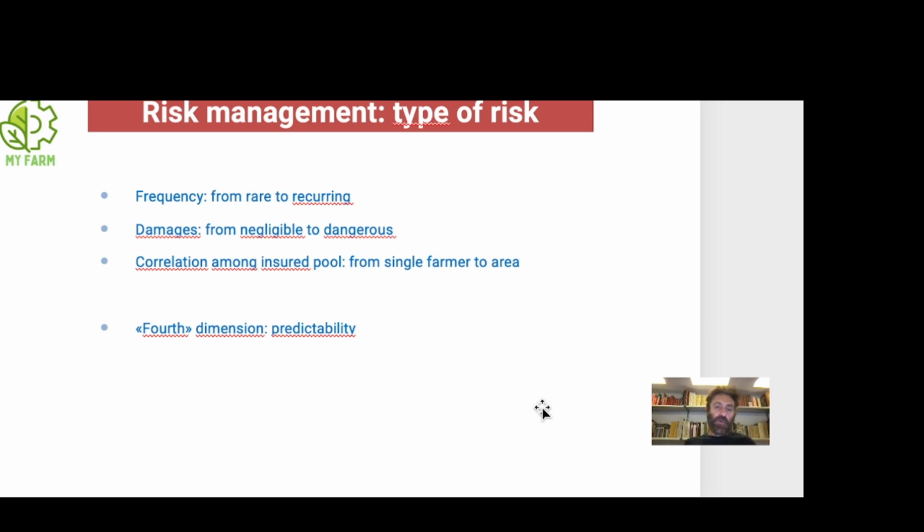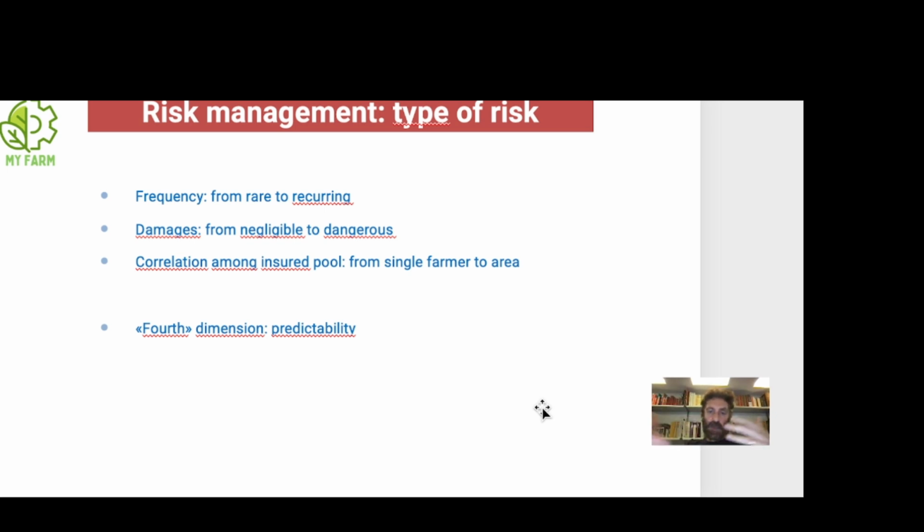So, to provide useful insight in a policy-oriented discussion on the relevance of risk and on the most appropriate means to deal with it, we suggest a three-dimensional classification that distinguishes risk-generating events according to the levels of frequency, from rare to frequent risk; in terms of severity, so the extent of damages caused, from negligible to significant; and, that in the agricultural sector is a very, very important question, the correlation between the affected farmers.